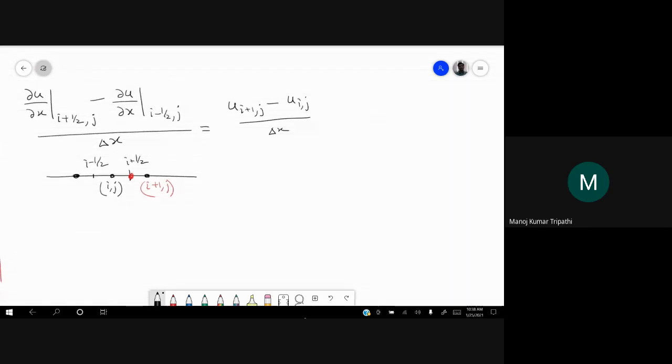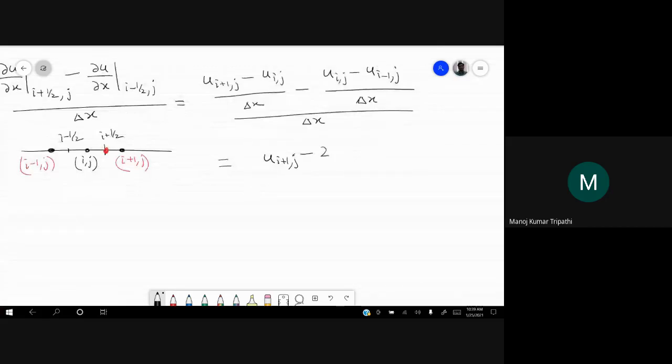And the second expression at I minus half can be written in terms of I minus 1 and ij. So that is u_{ij} minus u_{i-1,j} by delta x and whole by delta x. So this becomes u_{i+1,j} minus 2u_{ij} plus u_{i-1,j} by delta x square.